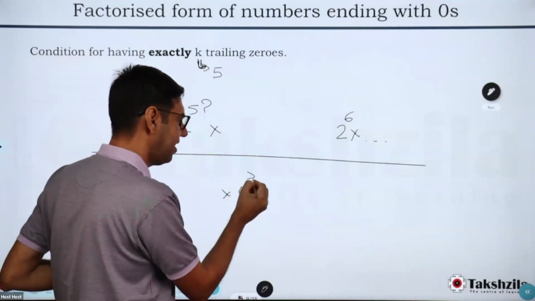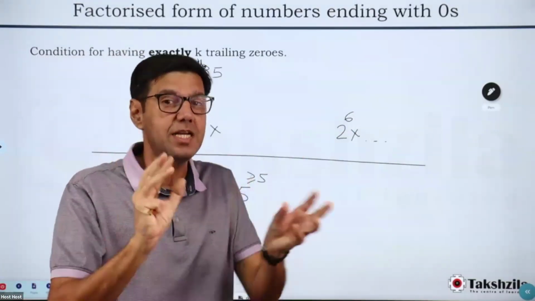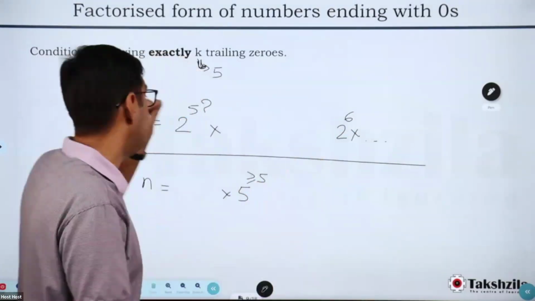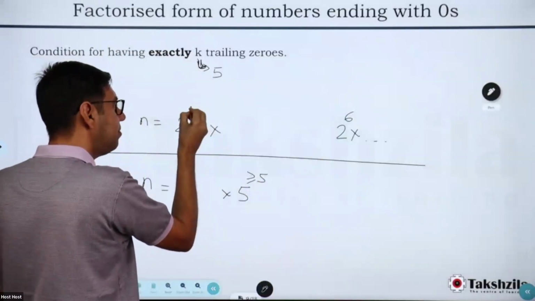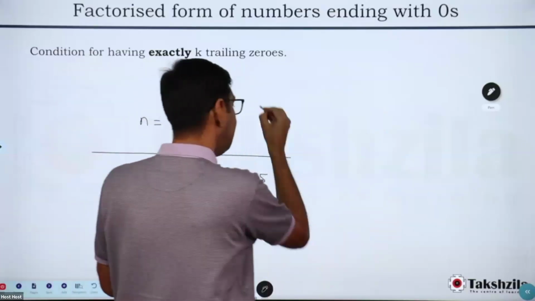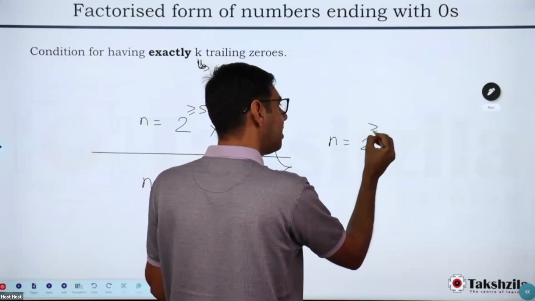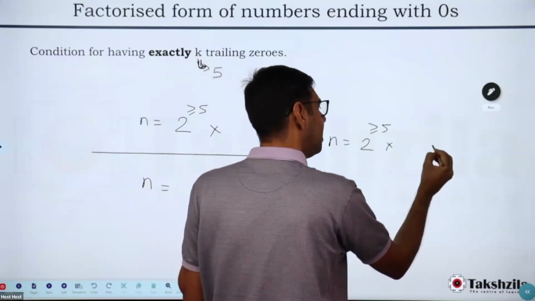It could be greater than or equal to 5. Now I'm trying to build a logical reasoning in your mind. Independently, they both can be greater than or equal to 5. But collectively, can I say that this could be greater than 5 and this also could be greater than 5?